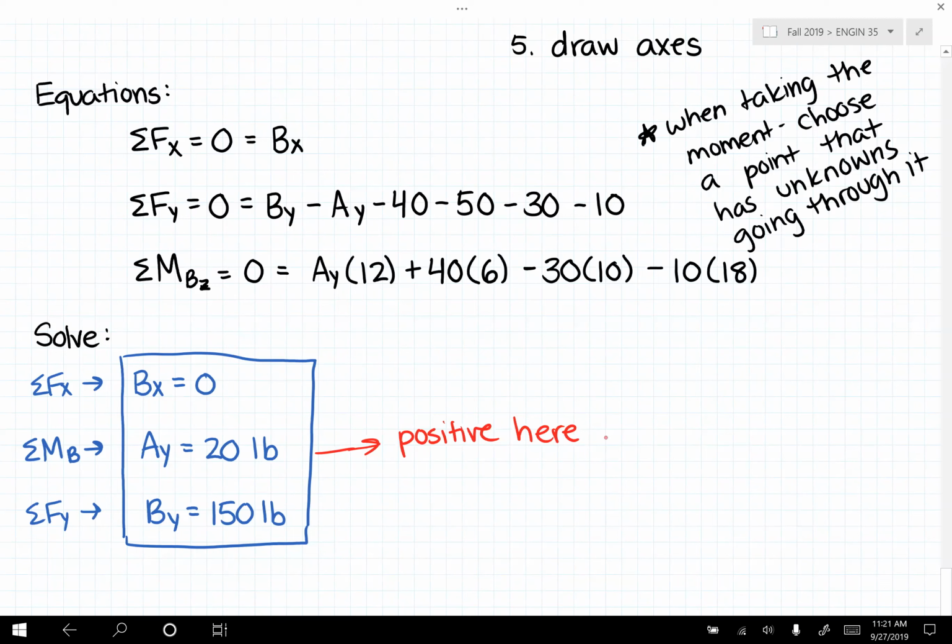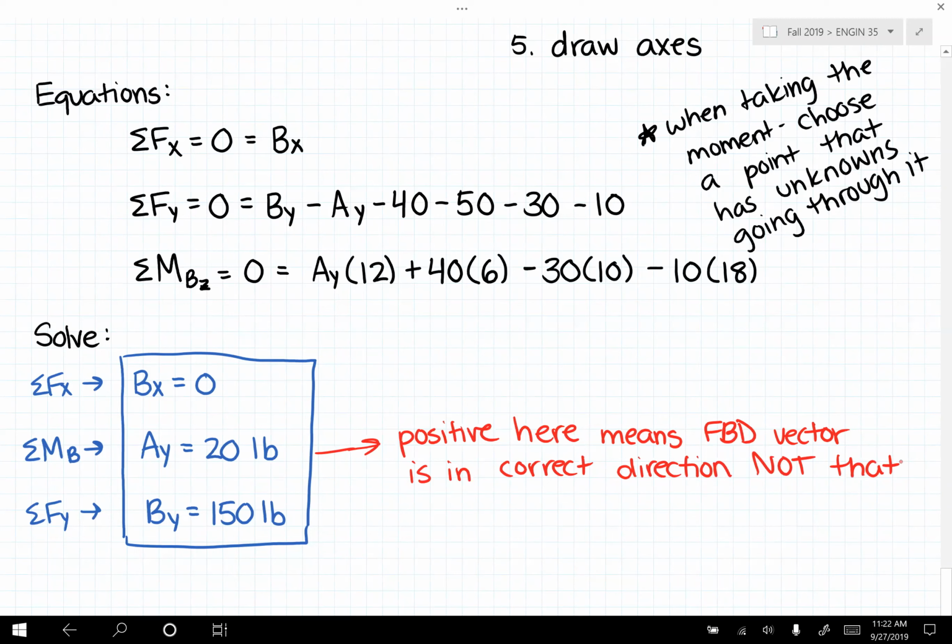So positive here means free body diagram vector is in correct direction. Not that Ay is in positive x, or sorry, positive y direction.